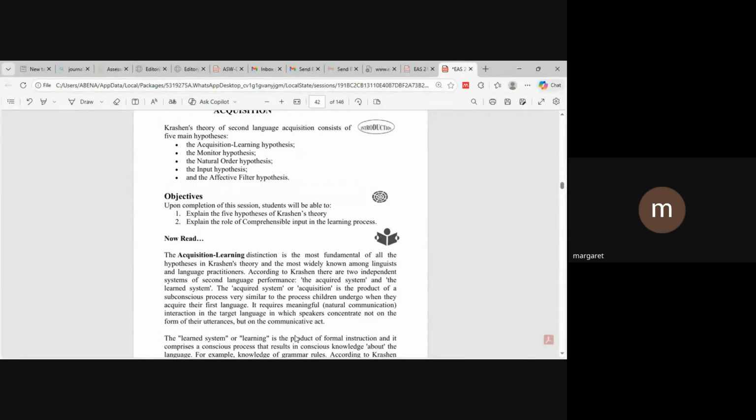But language learning is when we intentionally teach the person the grammar and the structure of the language, like we do in the classroom. While language acquisition is done subconsciously, when you were learning your L1, it was done subconsciously.